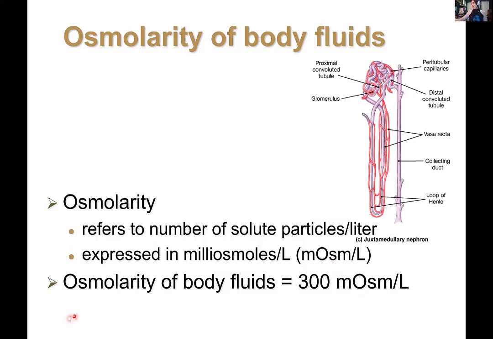So ordinarily, the osmolarity of body fluids is about 300 milliosmoles. We're going to see that change in the nephron loop and then change again once we get to the DCT. And thanks to the collecting duct, the osmolarity of the urine produced is customizable. So you can change it according to regulation needs for your total body osmolarity.